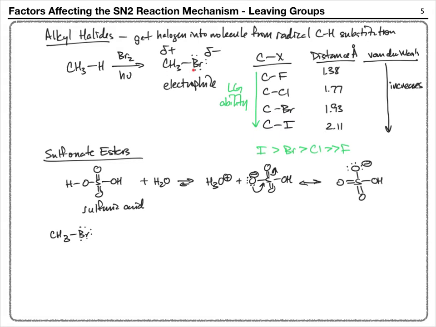Say we're starting with our methyl bromide up here. We're going to treat that with sodium hydroxide and water to make methanol. The OH group is a terrible leaving group, so methanol is a really bad electrophile for SN2 chemistry.